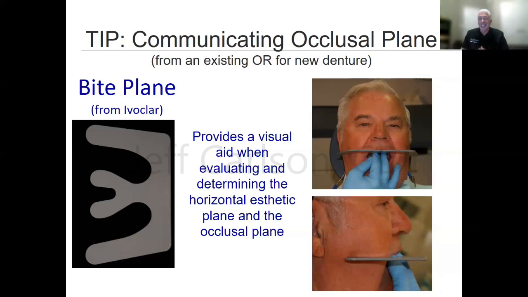It's kind of acting like a pseudo face bow. Again, it's not to replace a face bow, but I know a lot of people are not using face bows. So this is something that can just help get the plane of occlusion, whether it's just for a visual reference point, but you've got to have this.